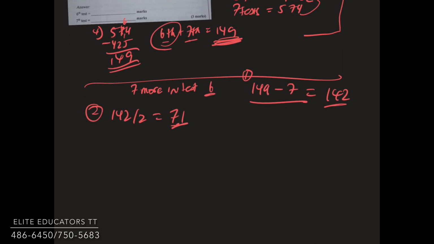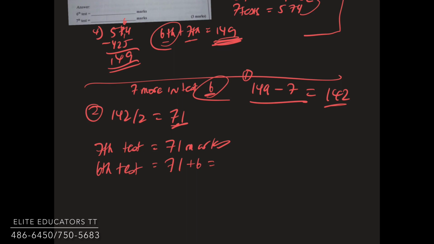So the 7th test is 71 marks, and for the 6th test it'll be 71, but remember, we yeeted the excess, so we have to bring it back. It is just super late. Remember, we removed the excess, which is 7, because she scored 7 marks more in test 6 than test 7. So 71 plus 7, and we get 78 marks.